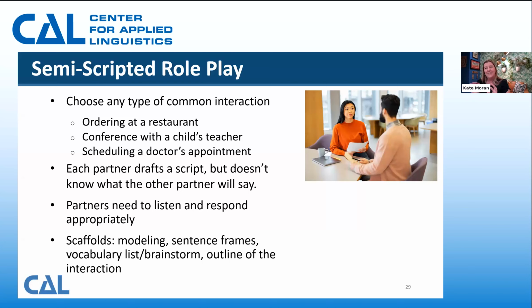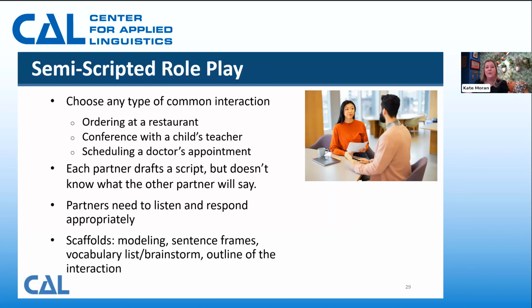You could provide sentence frames for certain turn-taking sentences during the role play, or you could even provide a general outline of what the interaction should look like. You want to model the role play with a student so you can show them how you're listening for information that your partner is giving you and changing what you're saying based on that information.